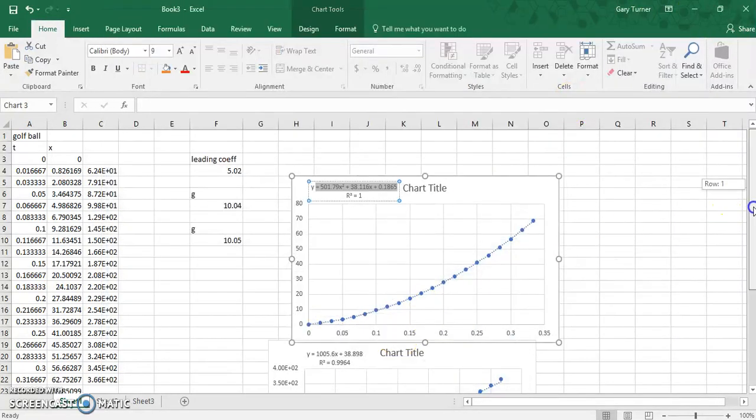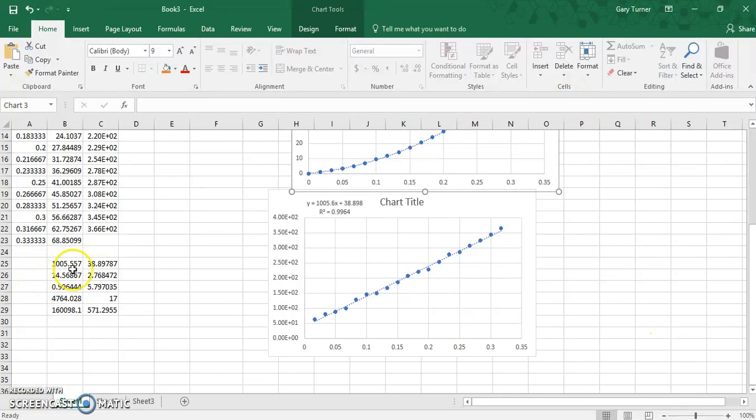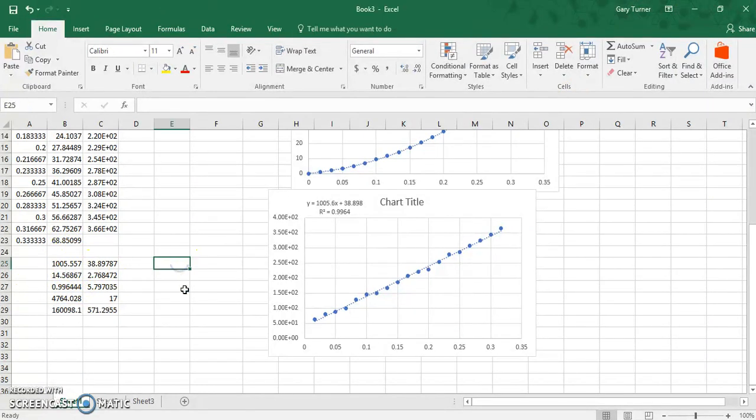Okay, so now back to our uncertainties. If I convert everything into meters per second squared, then I'm going to divide by 100, so that's 10.05. And I'm going to round to two decimal places. That seems like the most reasonable thing to do.